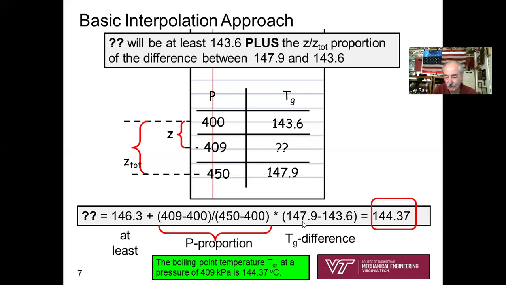Okay, so I've got that written down, and I turned the crank on the calculator, and it is 144.37. And so to write out the result, the boiling point temperature, TG, at a pressure of 409 kPa is 144.37 degrees C. That is the essence of linear interpolation for a specific problem.